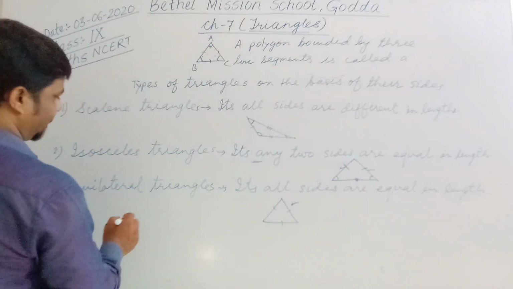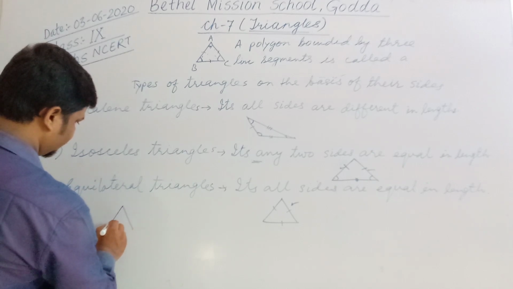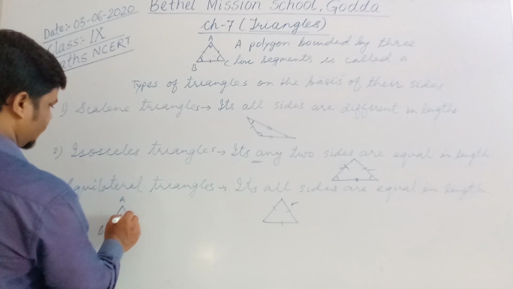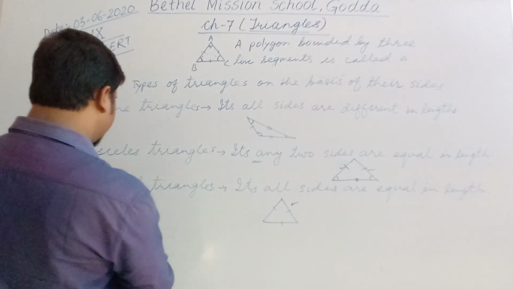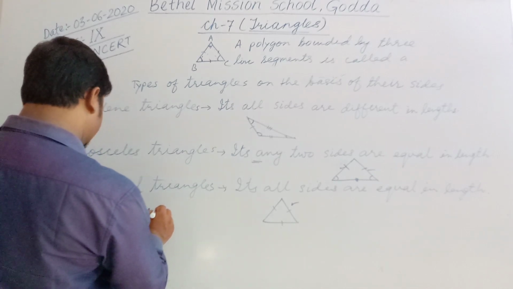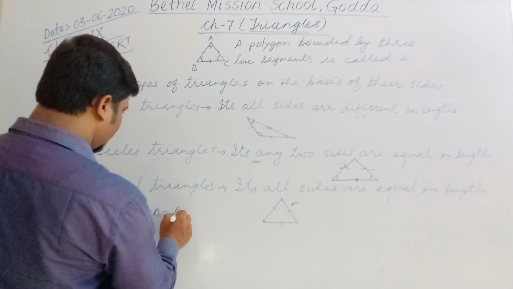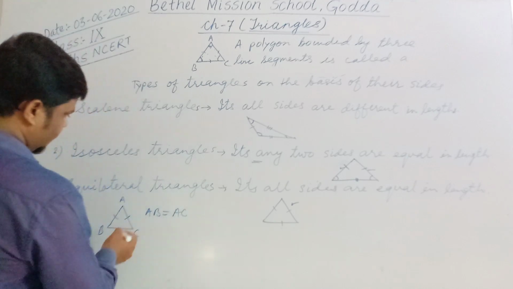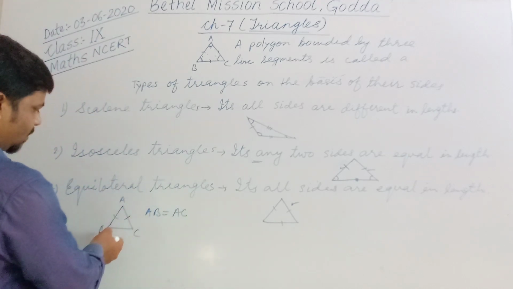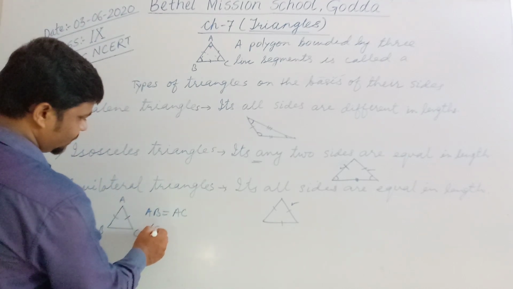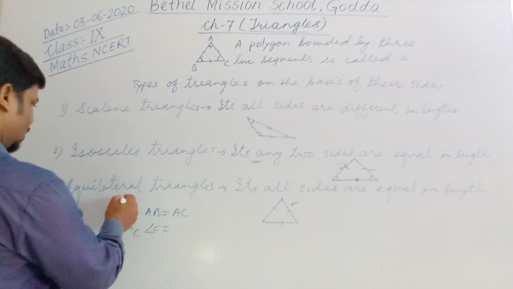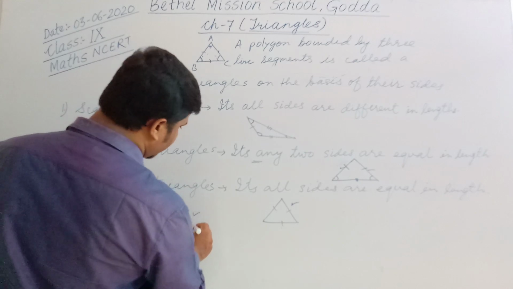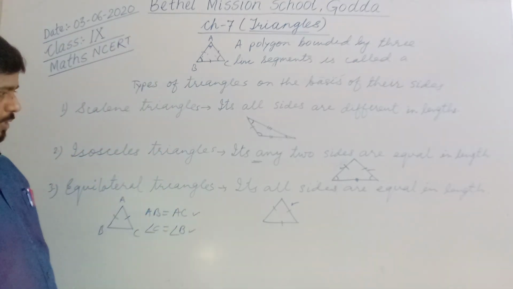Suppose ABC is an isosceles triangle where AB is equal to AC. Then the opposite angle of AB, which is angle C, will be equal to the opposite angle of AC, which is B. So their opposite angles also will be equal.